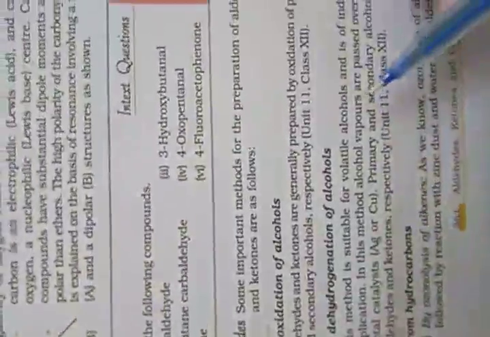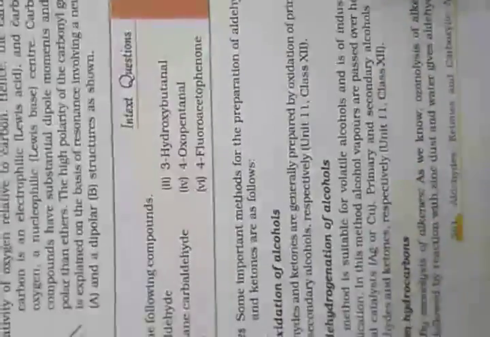In this method, alcohol vapors are passed over heavy metal catalysts, silver or copper. Primary and secondary alcohols give aldehydes and ketones respectively, as in unit 11 of class 12th.